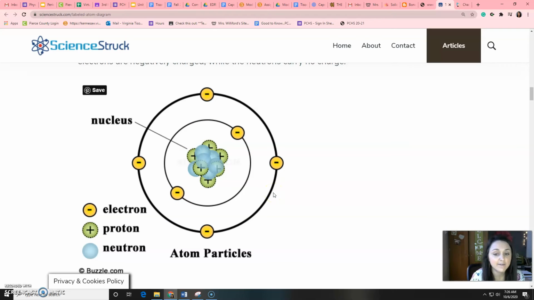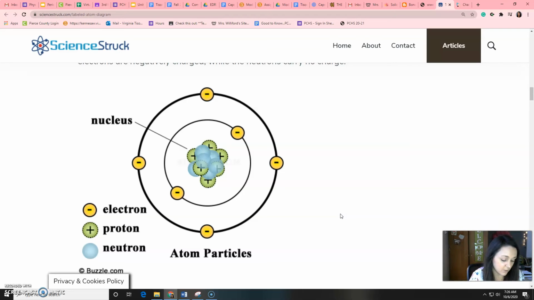If positive and negative is equal, it is neutral. Let's say we had a -2 charge. That would mean we would have more negative than positive. If it's -2, we'd have 2 more electrons than we do protons. Okay? That's if we had a -2 charge.